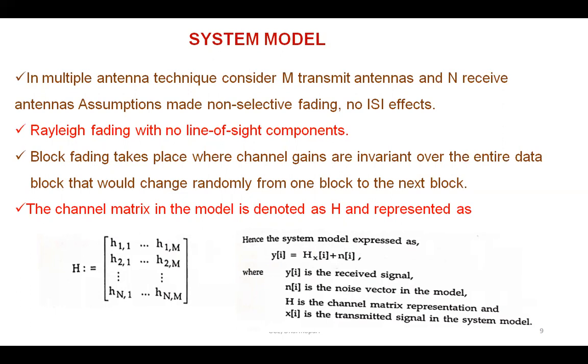In the multiple antenna technique, consider M transmit antennas and N receive antennas. The assumptions are non-selective fading with no ISI effects, Rayleigh fading with no line of sight components, and block fading, where the channel gains are invariant over the entire data block and change randomly from one block to the next. The channel matrix in the model is denoted by H, an N x M matrix.